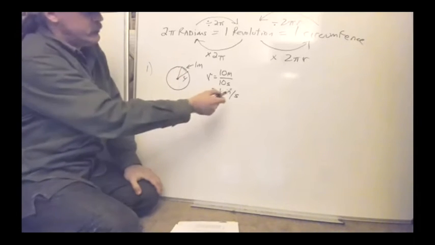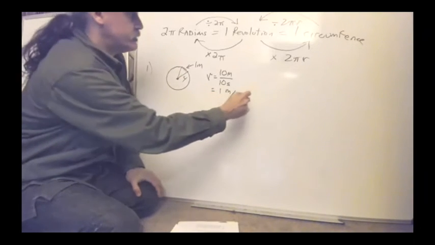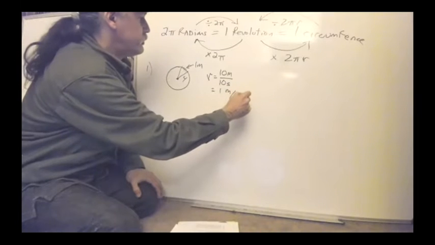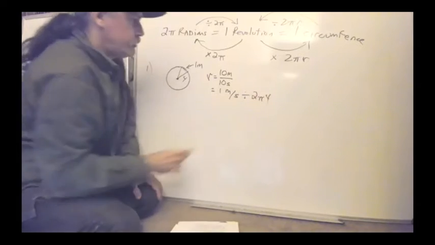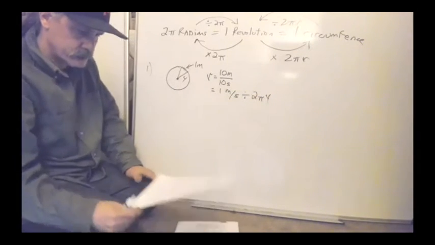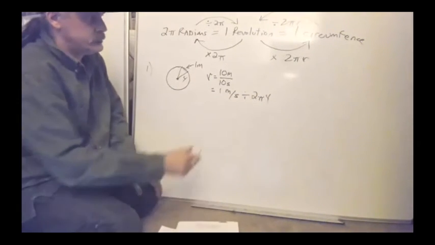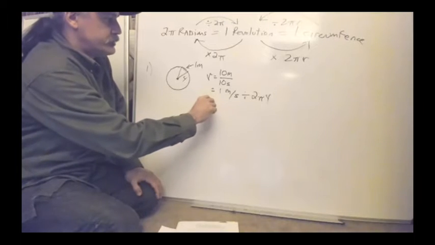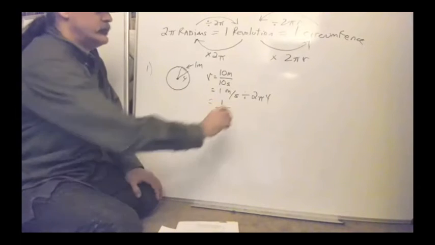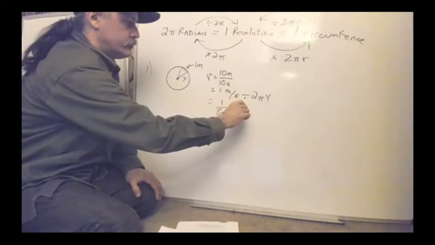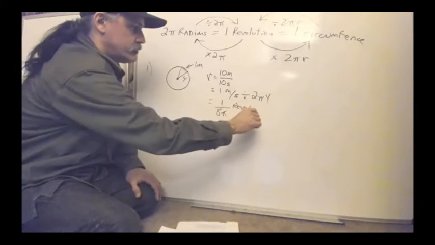First we got to get revolutions. So I'm going to divide by 2 pi 4, which would basically be 1 over 8 pi. And that's revs per second.